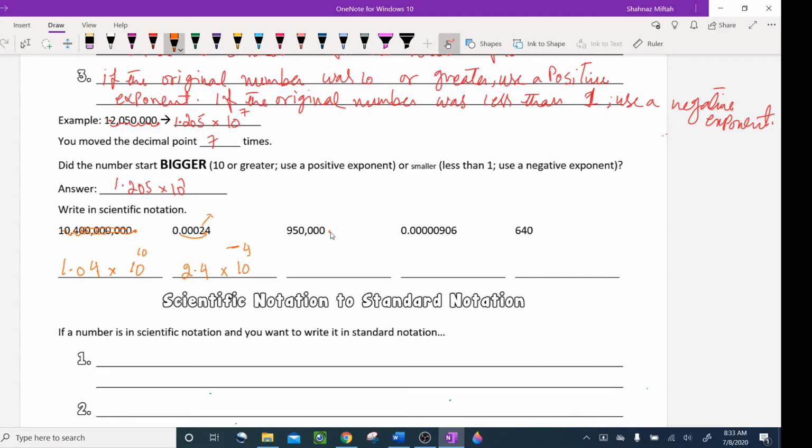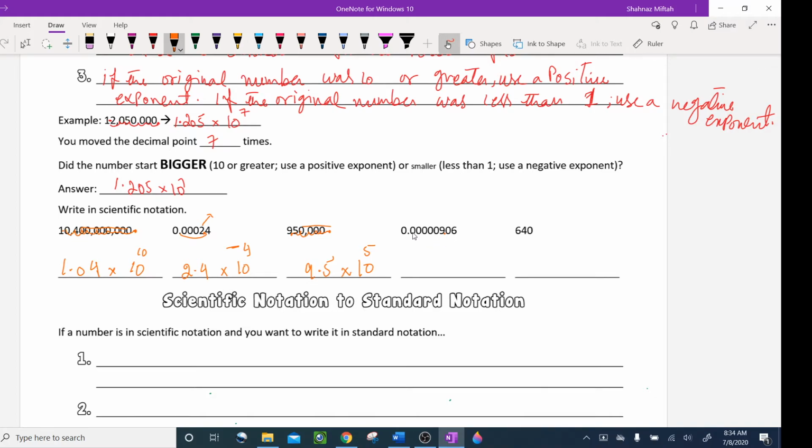Now my decimal is here. This number looks greater than 10, so my exponent is supposed to be positive. Let's move this: 1, 2, 3, 4, and 5. So I moved 5, and 9.5, the ending zeros dropped, and it's positive because the number is greater than 10. Now my decimal is here. I'm going to move it over here, one digit before the decimal other than 0.